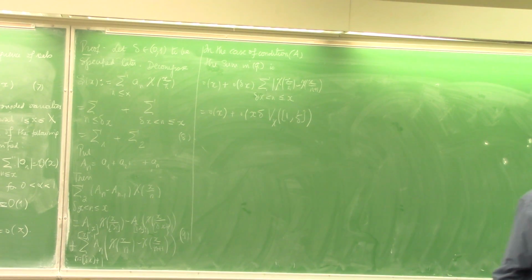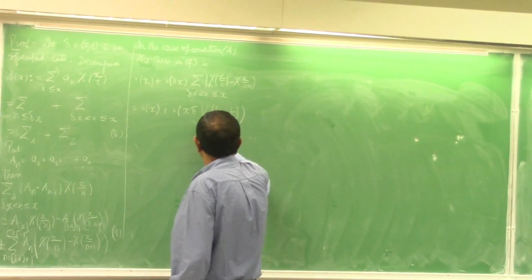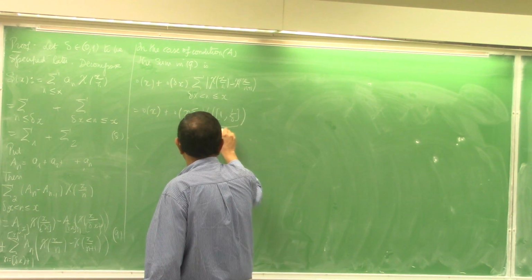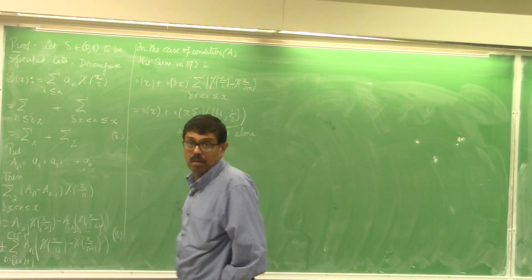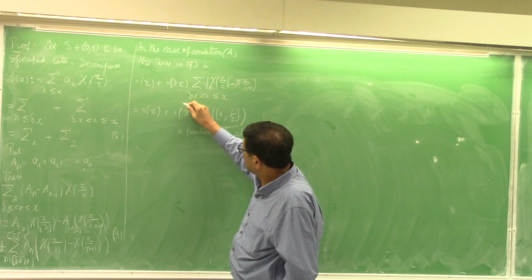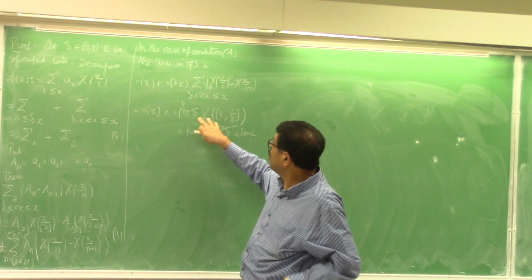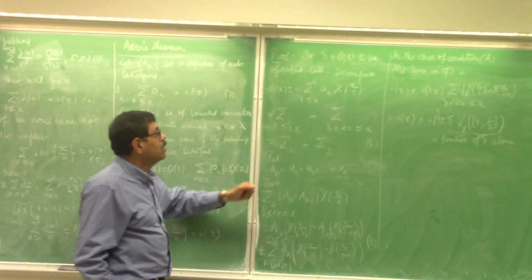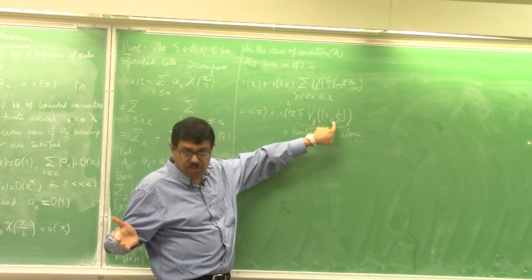So this is a function of delta alone. So little o of x has got an epsilon in it. So the moment I'm given a function of bounded variation, I'm told something about the size of this total variation function.